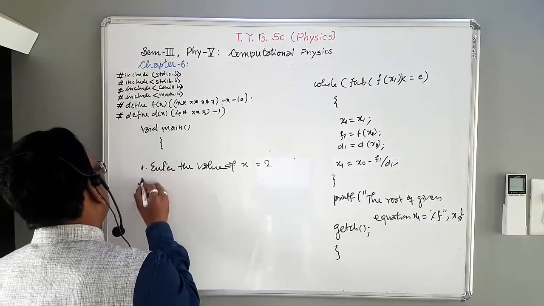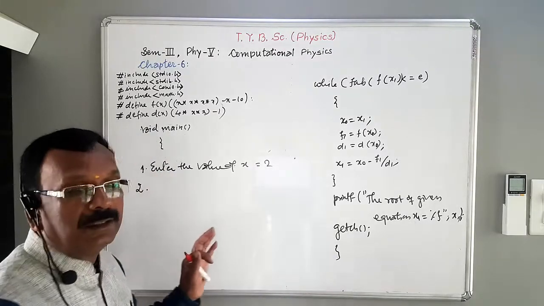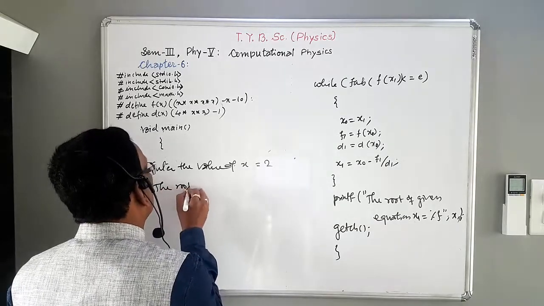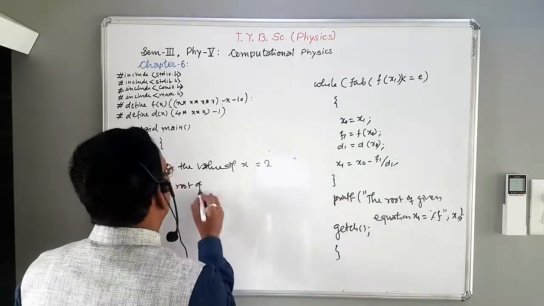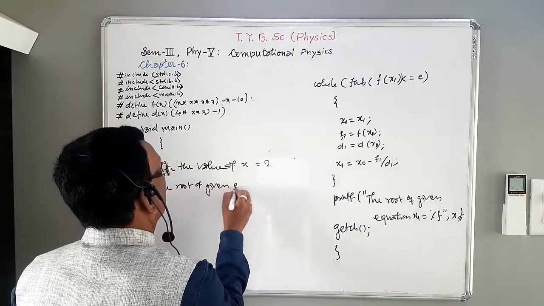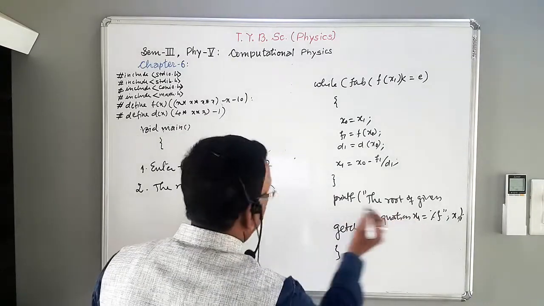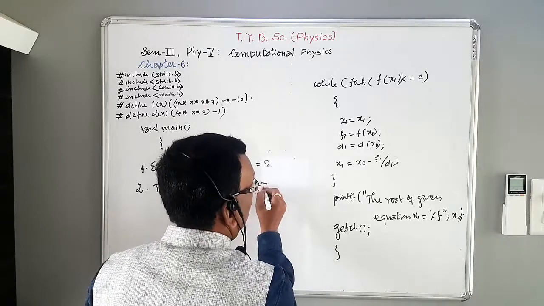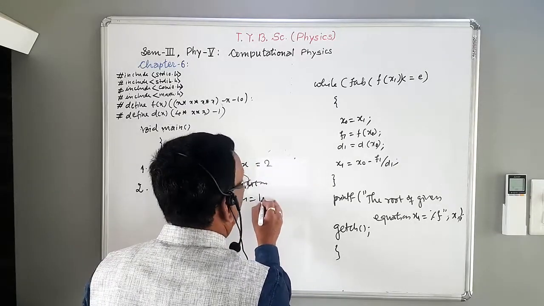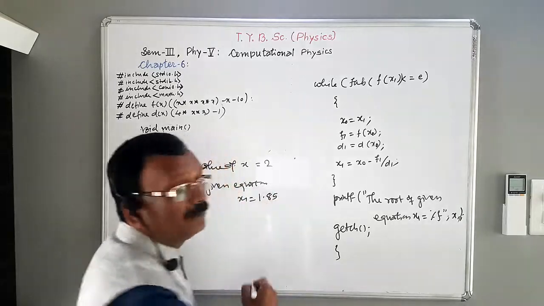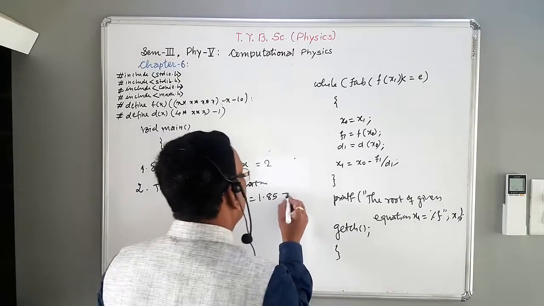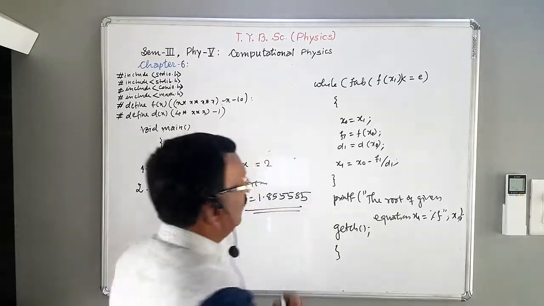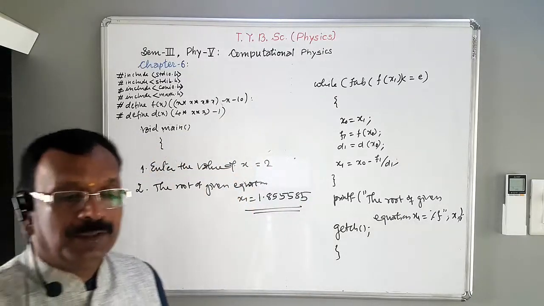Then the second message gives the direct answer, that is the root of given equation, x1 is equal to 1.855585. This is the desired answer or desired root of the given equation.